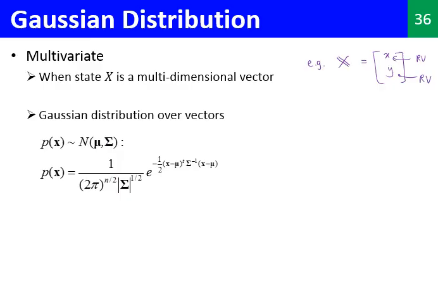So I will write this as the covariance, and n is the dimension of vector, and here we have the determinant.